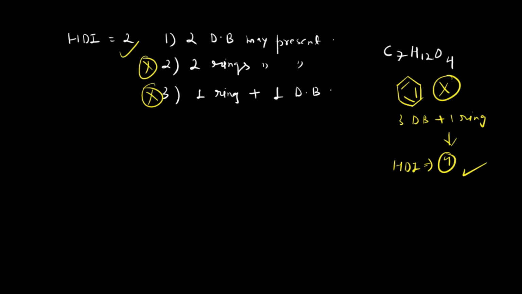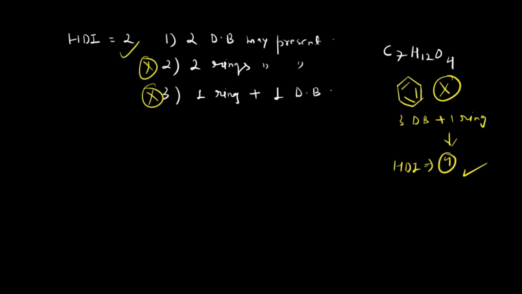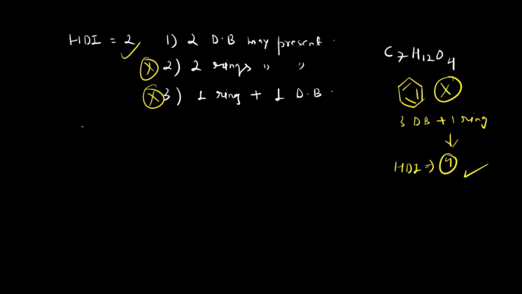Now the very important thing: if you go back, you have a very strong peak at 1734 centimeter inverse, very strong. So you can write a strong band at 1734 centimeter inverse.